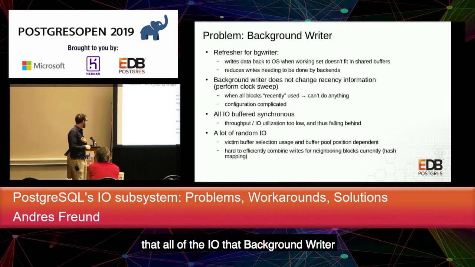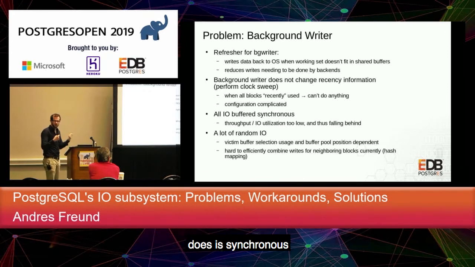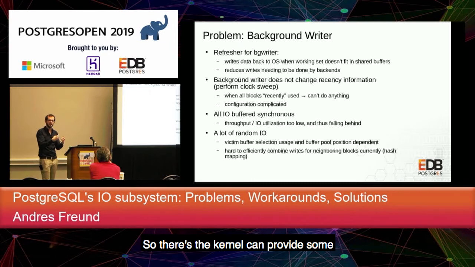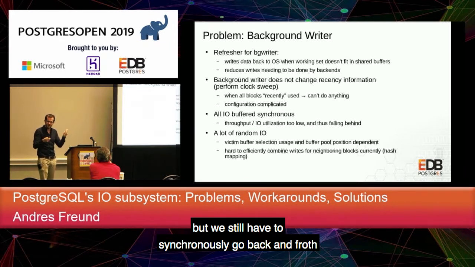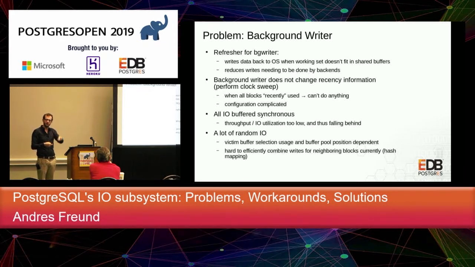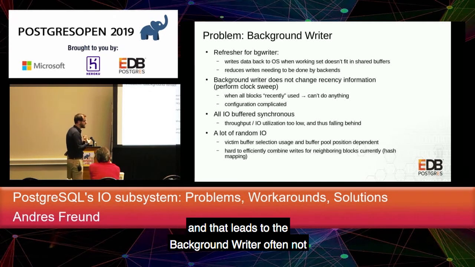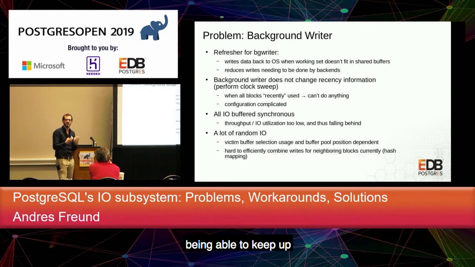There's also the problem that all of the I/O that the background writer does is synchronous, but it does just write into the kernel page cache. So the kernel can provide some of the asynchronicity, but we still have to synchronously go back and forth to the kernel multiple times, once for each page. And that leads to the background writer often not being able to keep up.